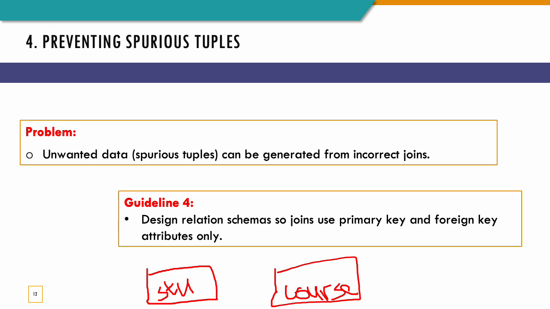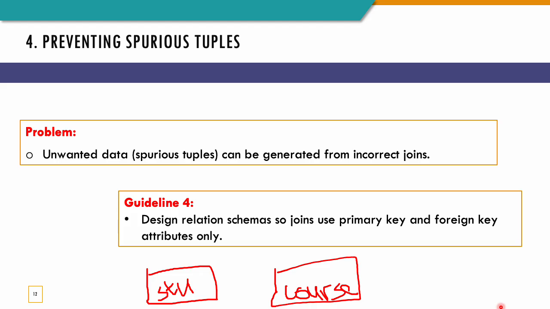So there is what is called guideline 4. This helps to prevent spurious tuples. So the guideline is you need to design your tables and schema so that the joins are always done using primary key and foreign key attributes.